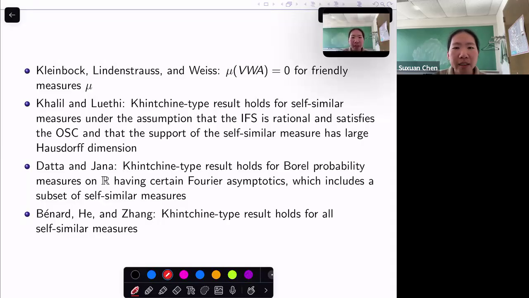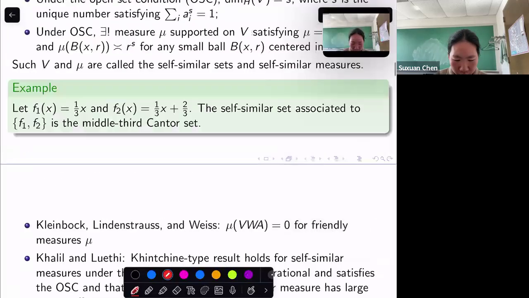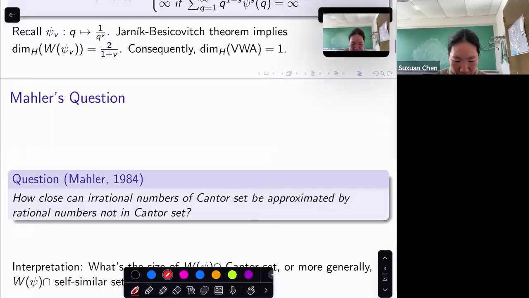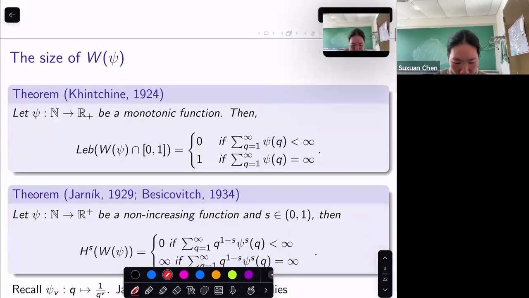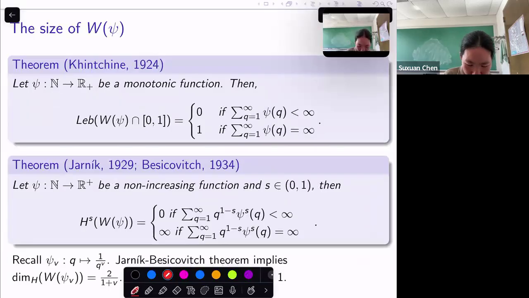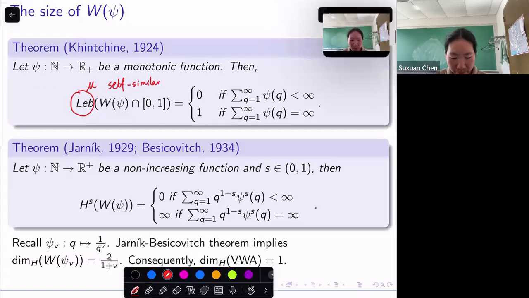So if we go back to Khinchin's type theorem, this means that if we replace this Lebesgue measure by mu, where mu is a self-similar measure, then this result still holds.